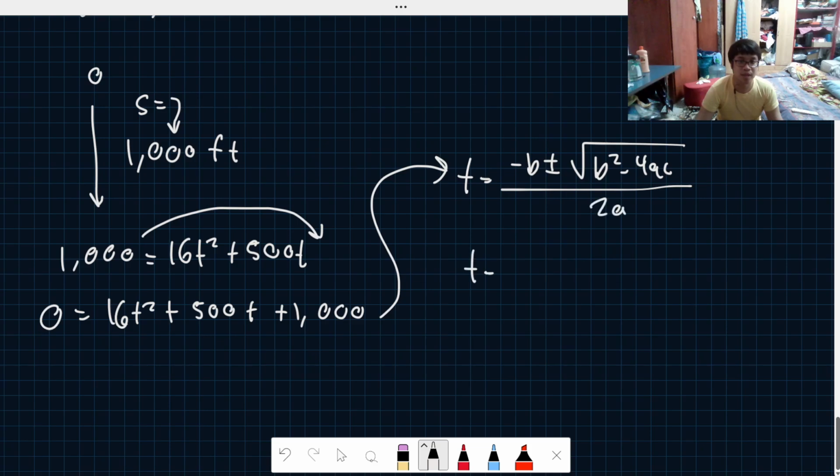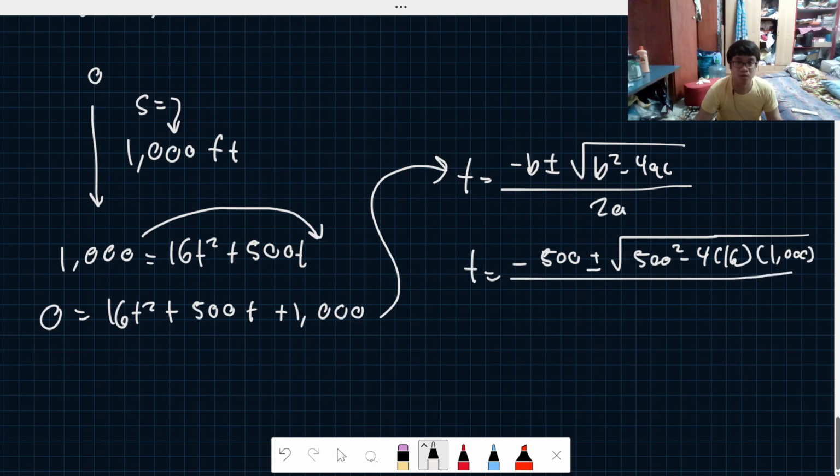So here you will get t is equal to negative b, which is 500, plus minus the square root of b squared, which is 500 squared, minus 4 times a, 16, times c, 1,000, all over 2 times 16.